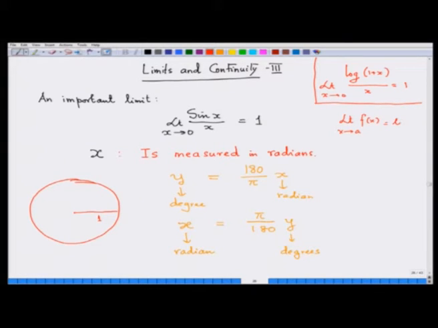If you sweep an arc of length 1 centimeter, then the angle that is swept, this angle theta, if this is also 1, then this angle theta is called 1 radian, and 180 degree is pi radians, and that is the interesting thing. So, 180 degree is pi radians. So, 1 radian is pi by 180 degrees. Okay. So, x radian is 180 by pi into x degrees.